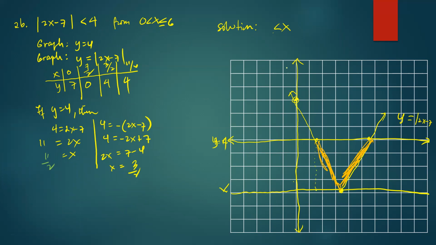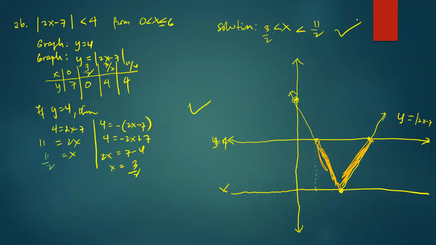So that is 3 by 2. Okay, x is greater than 3 by 2 but less than 11 by 2. So that is our solution here. So give yourself one check for the graph and one check for your solution.